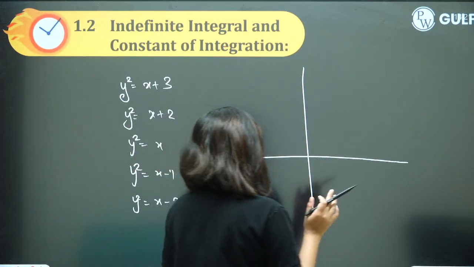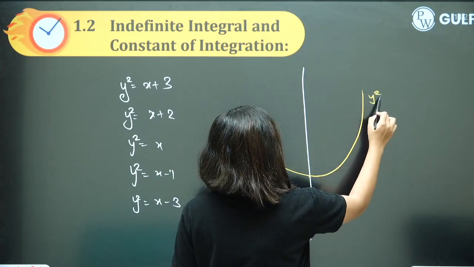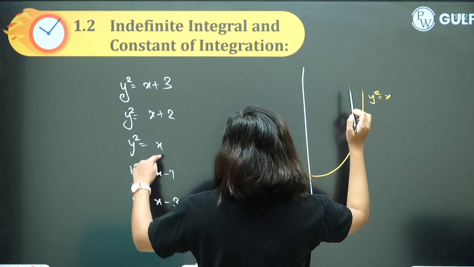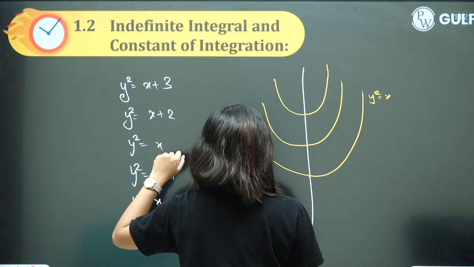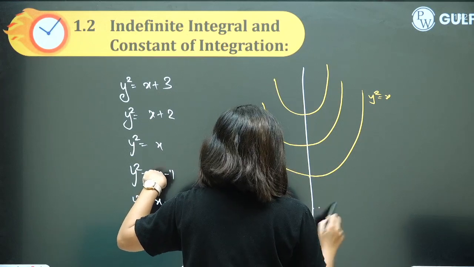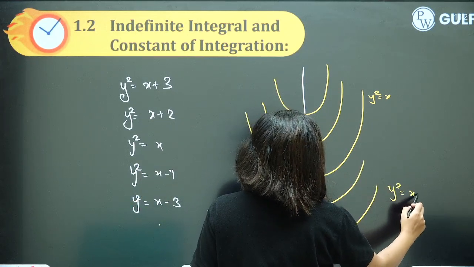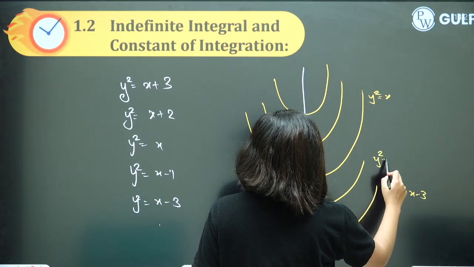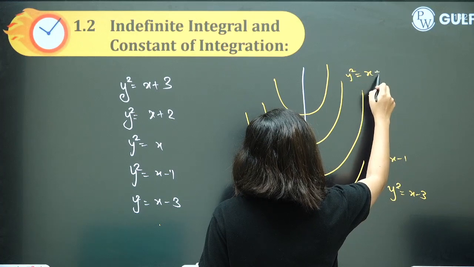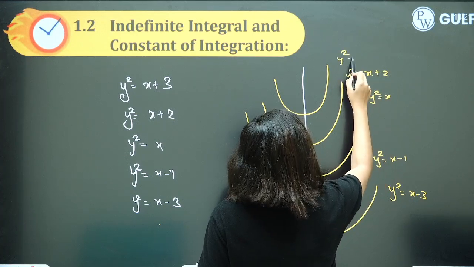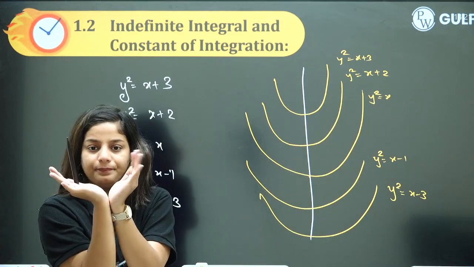अभी ज़्यादा हम उसके इस पे नहीं जाएंगे. It's a parabolic curve. Suppose this is y square equal to x. So y square equal to x plus 2 will be somewhere here. Y square equal to x plus 3 will be here. Y square equal to x minus 1 here. X minus 3 here. And all you can see is only the shape remains same.